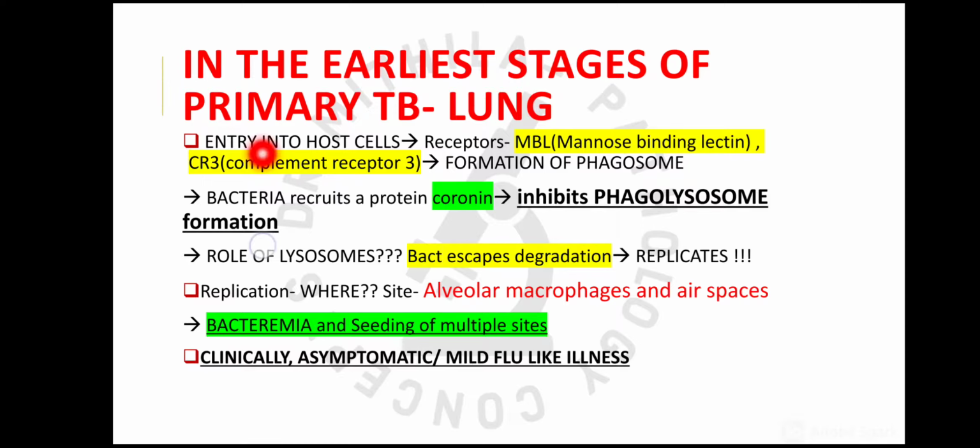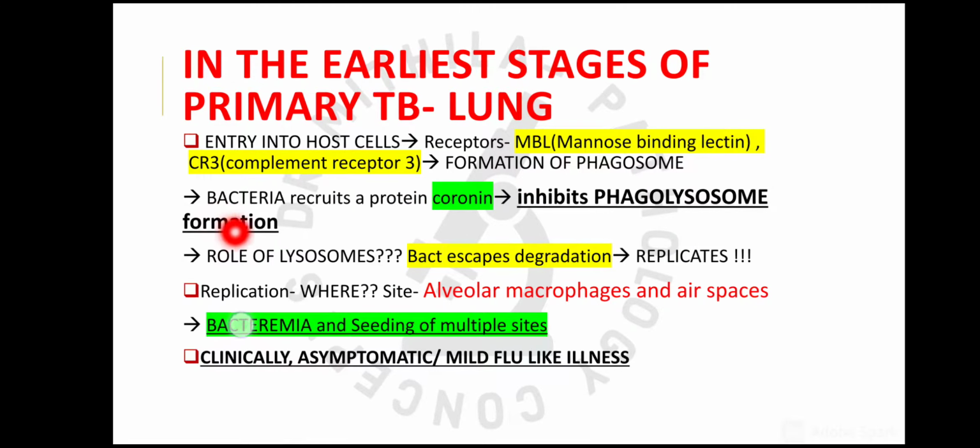MTB gets entry into the host cell. It gets recognized by the toll-like receptors and it reaches the host cells, mainly the macrophages, which have receptors. There are two receptors, mannose binding lectin and complement receptor 3, and it binds with these receptors. After that, the cell membrane of the macrophage invaginates to form the phagosome.